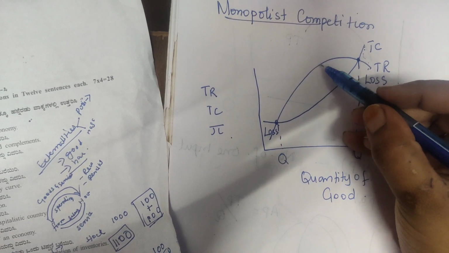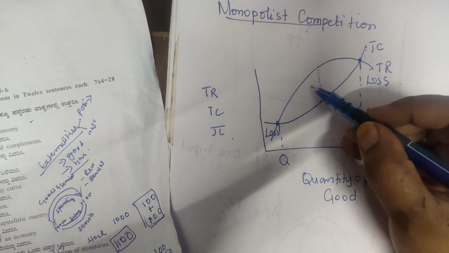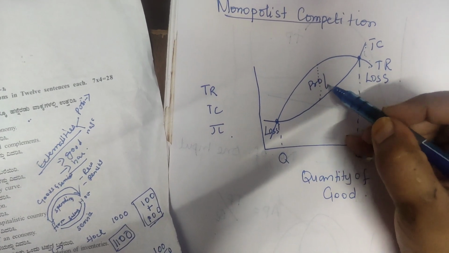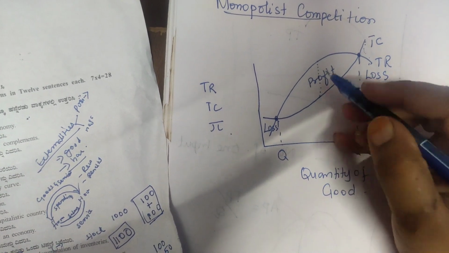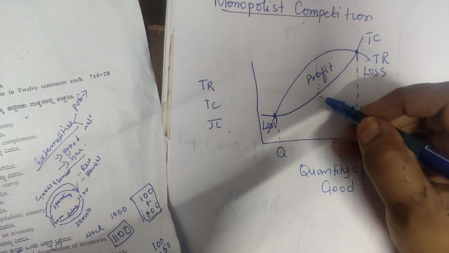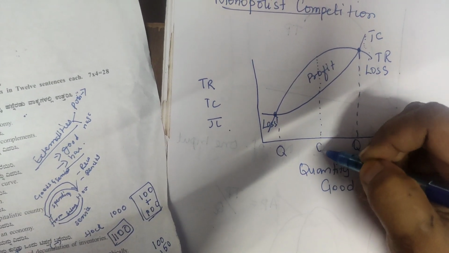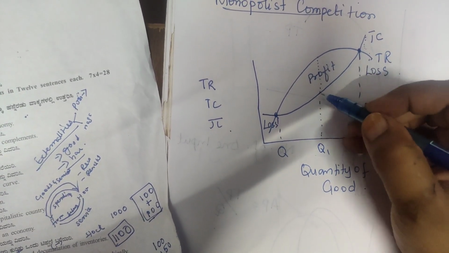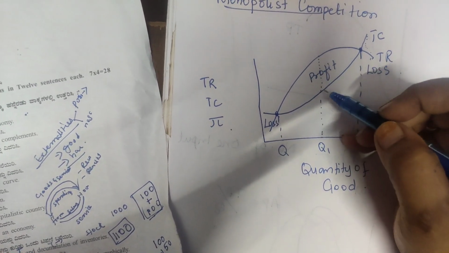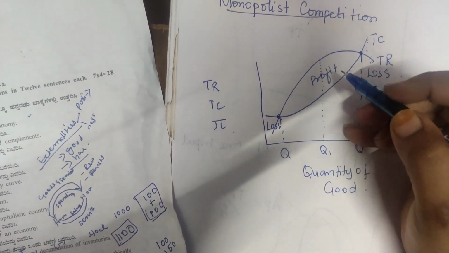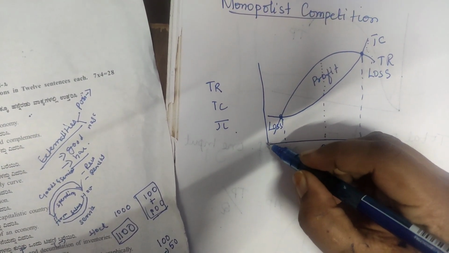Only here is the total revenue high compared to total cost, so this is profit. This whole area from this to here is profit. So this is the highest profit the firm is earning, because at this quantity there is a very big gap between total revenue and total cost. So as per total cost and total revenue, we calculate the profit.